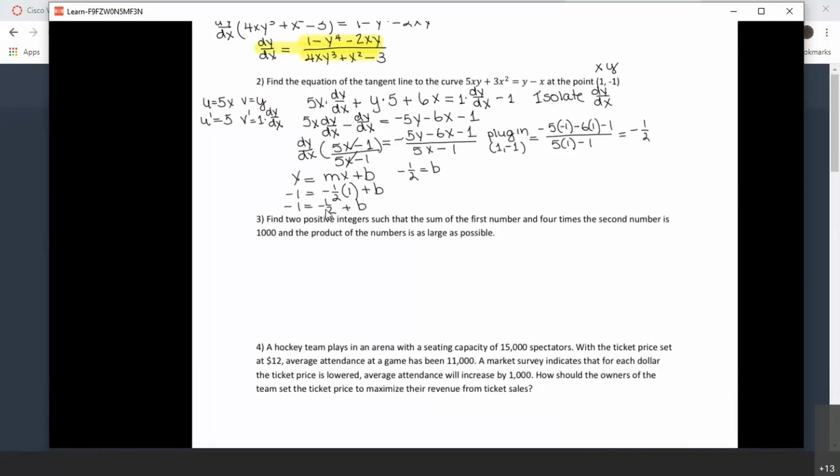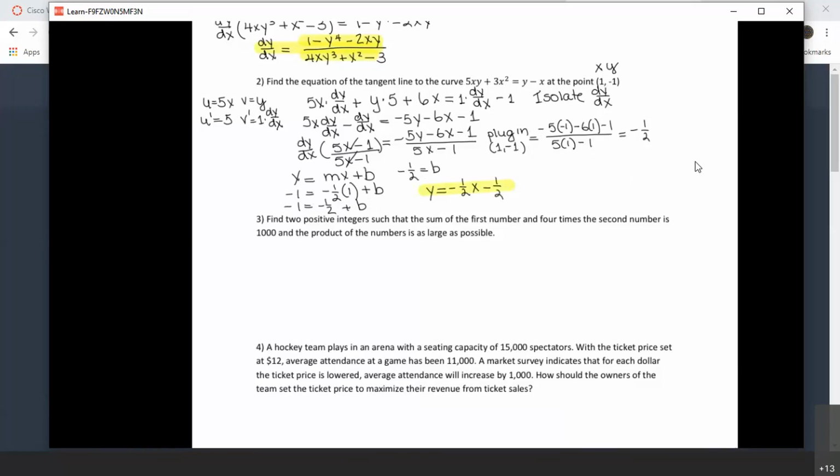I added 1/2 to both sides, it went away over here and made this -1/2. So here's my final equation: y equals -1/2 x minus 1. Okay, and that is the equation of the tangent line to this curve.